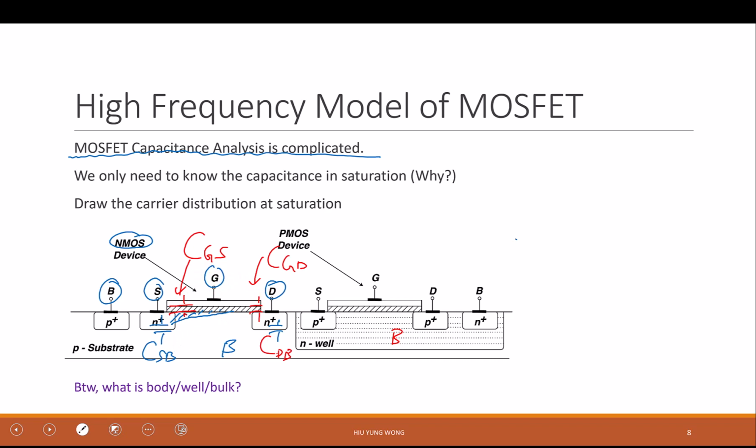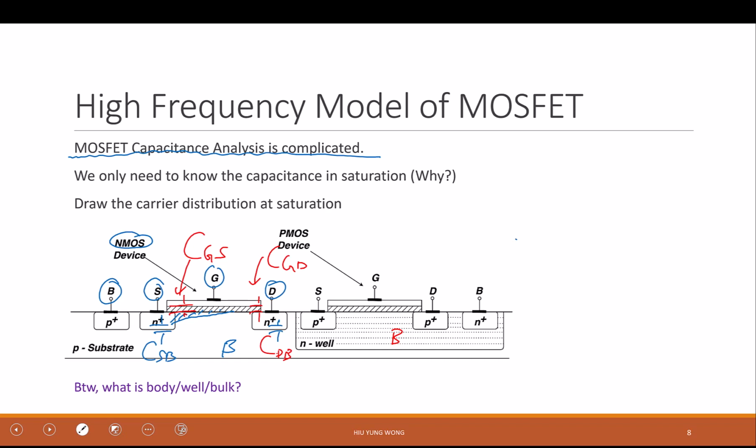We give half to CGS, half to CGD. You said just now that CGS might be equal to Cox, but based on this it is not Cox, because it is not uniformly distributed and it does not go all the way. Indeed, a good model is 2/3 of Cox: CGS equals 2/3 times Cox when it is in saturation.